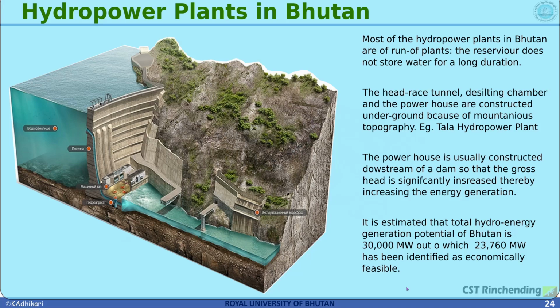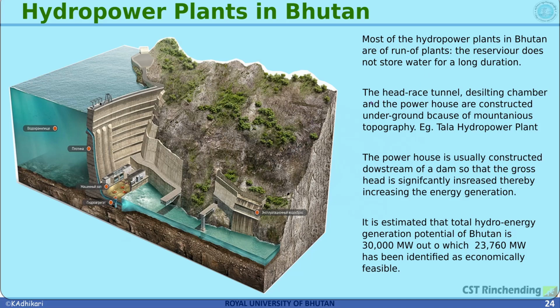The cost of construction is going to be way higher than the revenue it would generate. And as I have already explained, the hydropower plants that have been constructed are mostly run-of-river plants.